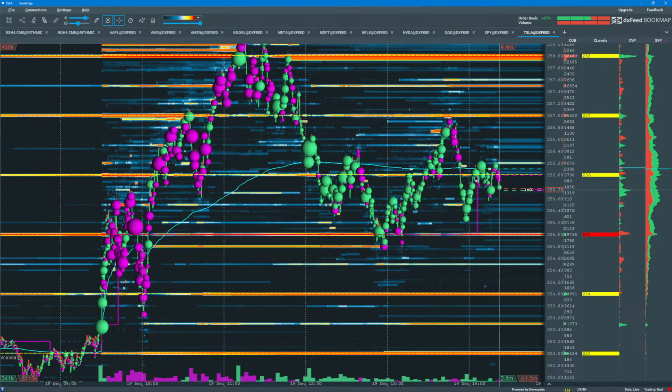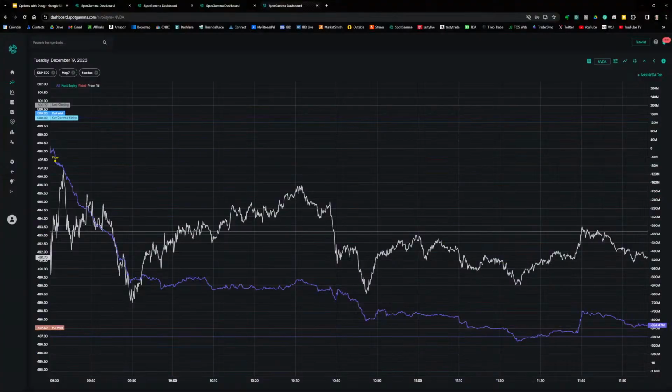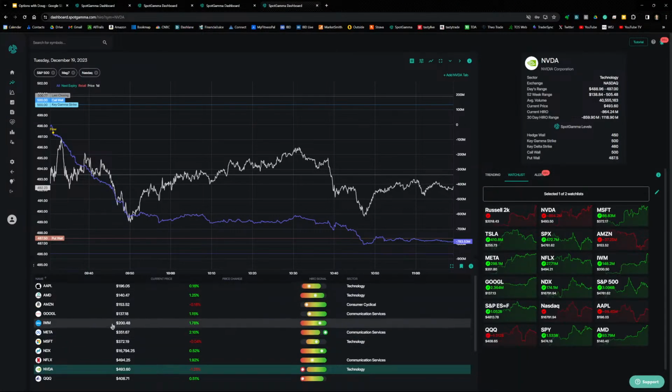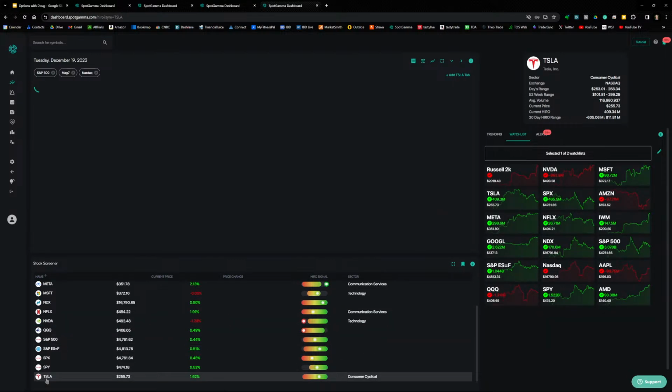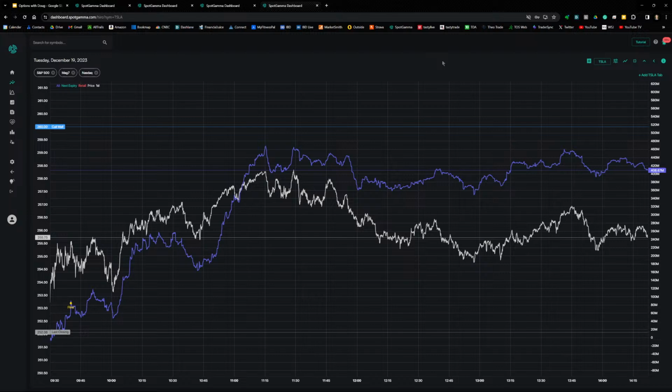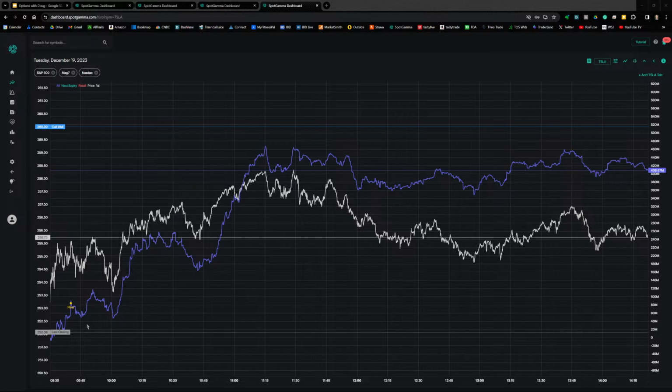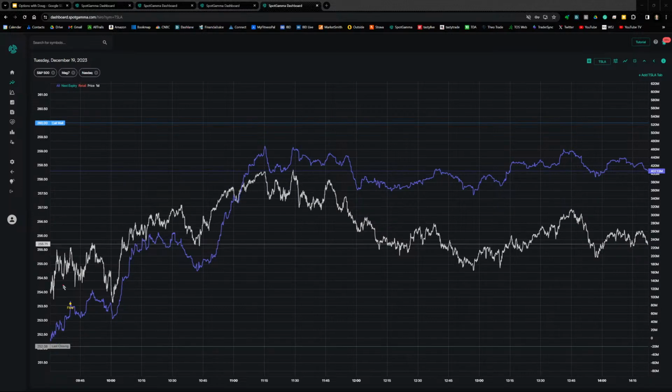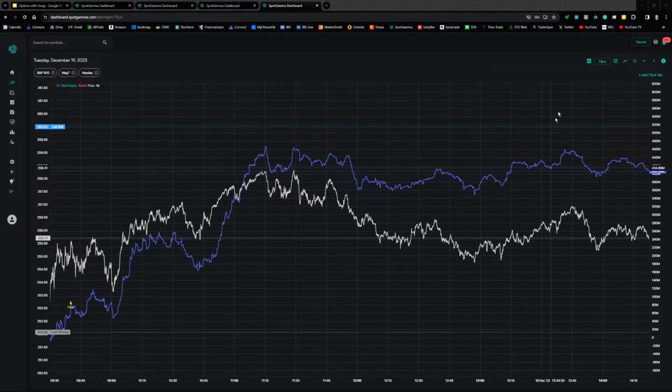Let's take a look at Hero, see what options traders are doing. So today the hedging flow in Tesla is bullish. Rising orange line, traders taking positive delta positions. Another timely flow alert indicating significant options activity. Good for getting your attention.